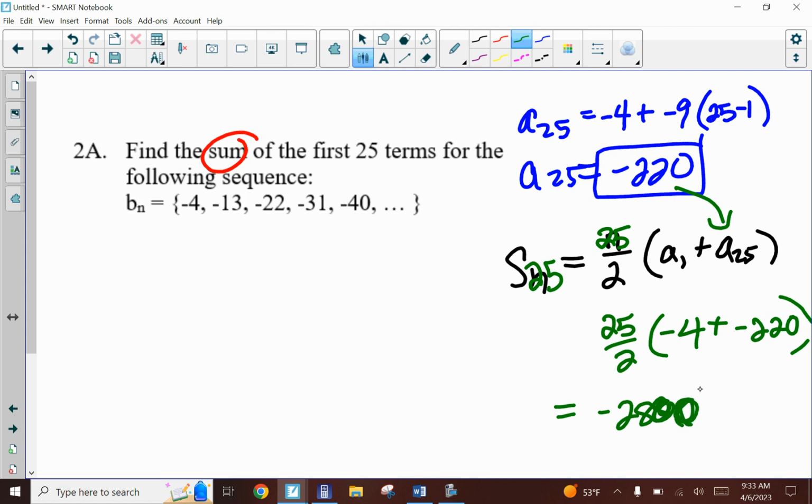So when we add up all 25 numbers from the list, the answer is going to be -2800. And we wouldn't be able to do it without doing this first step right here. So this is what we called in class the two-step problem.